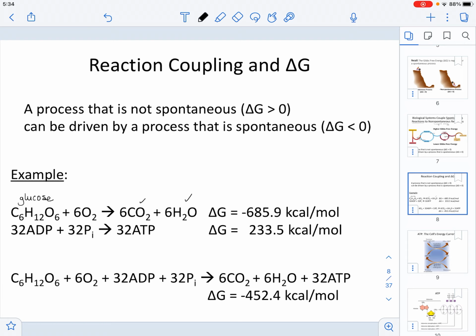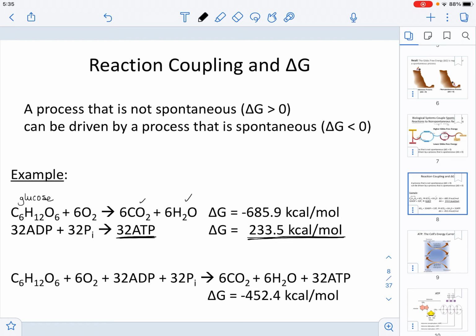Now, when this process happens, as you can see, along with it we are able to synthesize some energy in the form of ATP. Making that ATP, if we look at the Gibbs free energy for it, is actually a non-spontaneous process. And again, they're happening coupled to each other.